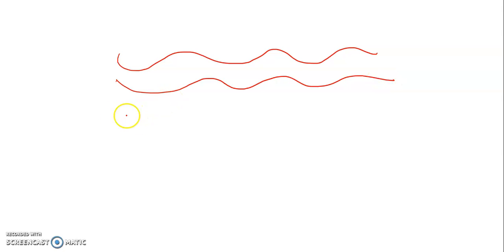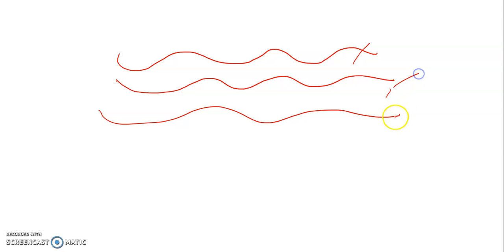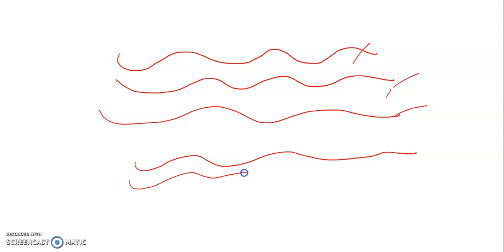This is the first layer, this is the second layer, and this is the third layer. Meanwhile, I will consider the first layer moving with this velocity and the second layer succeeding, or following, this first layer.